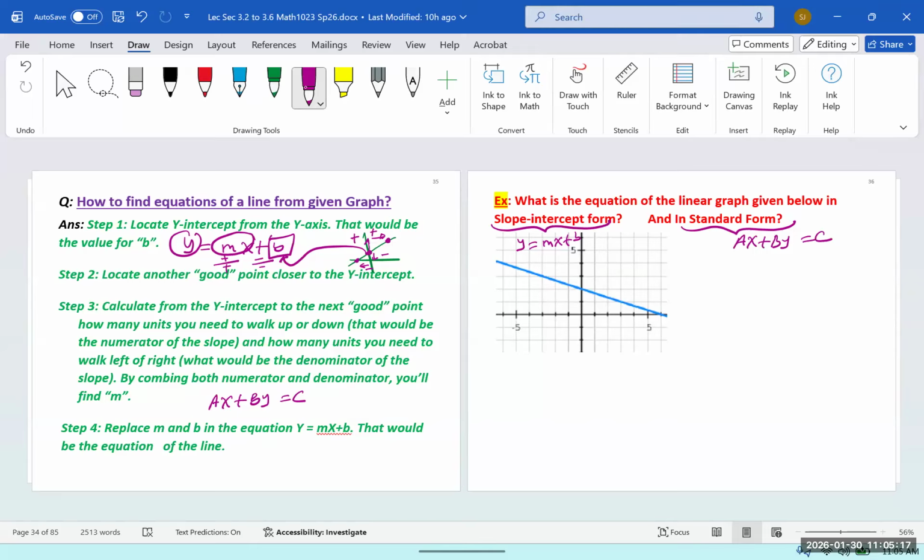The easy method is slope-intercept form, so we are going to start with that. y equals mx plus b. So we just need to replace what is m and what is b. Who can tell me what's the b in this graph?